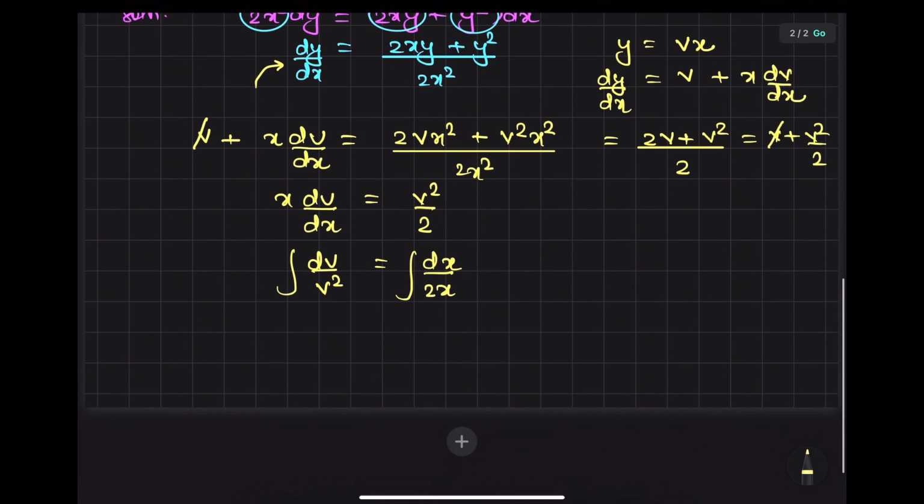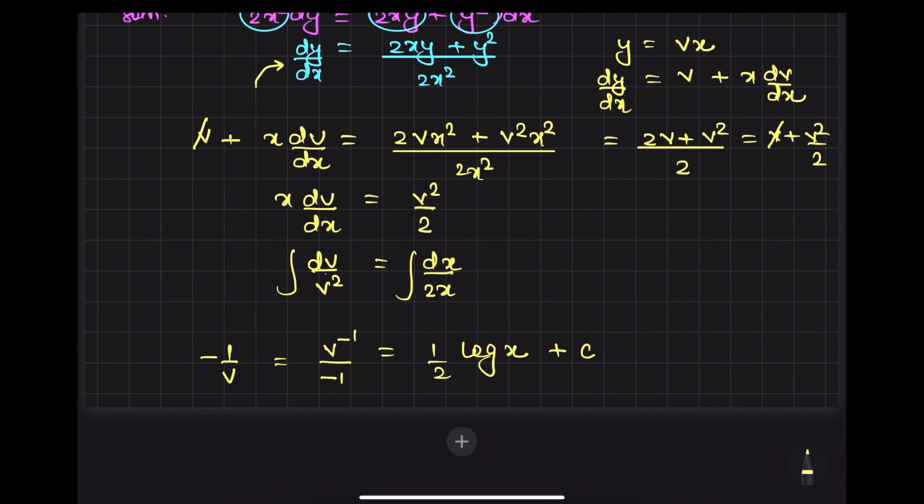integration. Okay, so it is v power minus 2. So v power minus 1 by minus 1 is equal to 1 by 2 log x plus integration constant c. You can write this as minus 1 by v.